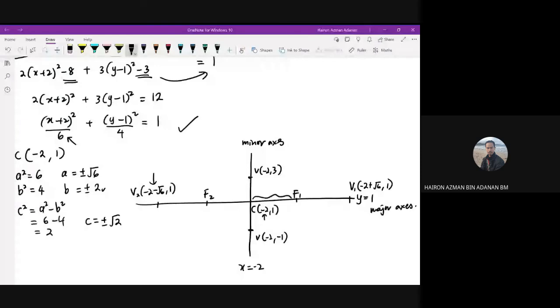C is plus minus square root 2. So here the value that changes is x. So negative 2 plus square root 2, 1. And negative 2 minus square root 2, 1. See what changes? x, because it is certain to be x. Understand like that. Okay. So these are your first and second foci.